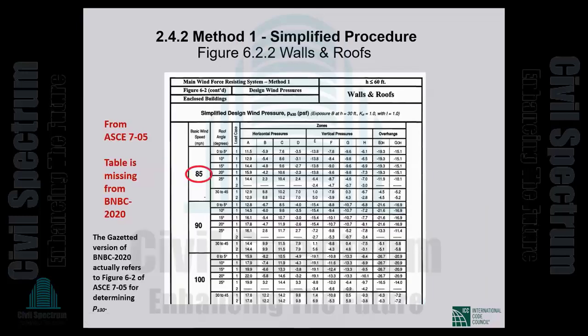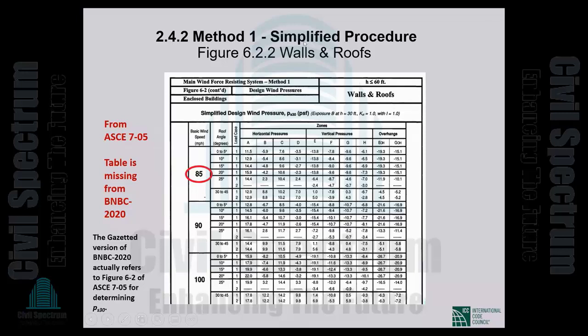For each of those areas, the PS30 value for A, B, C, and D for different wind velocities is given in this table.